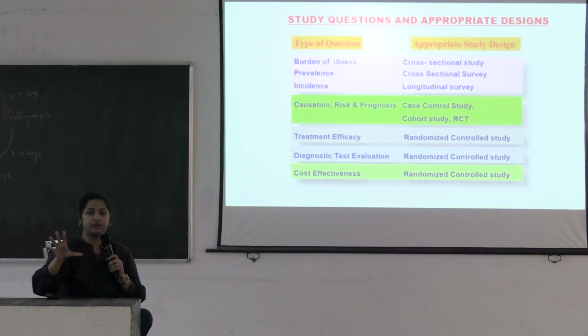So this is the pyramid of evidence. The higher it is, the better the form of evidence. So you can trust the results of that study more than the lower evidence group of studies.